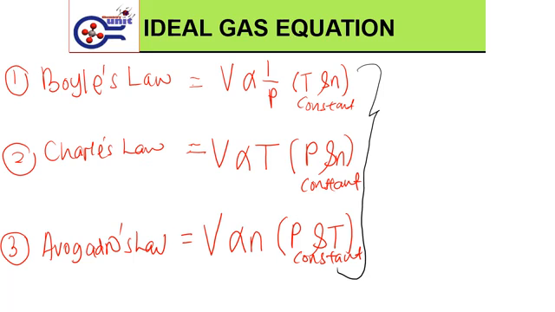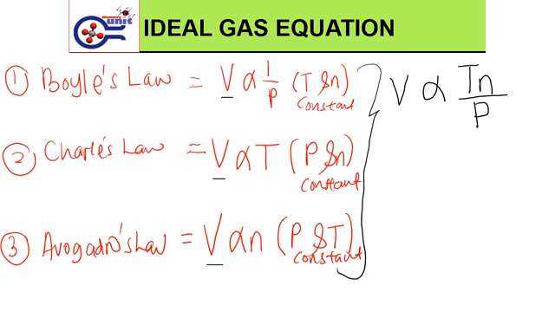Look carefully, they all involve the same quantity, V. So V is directly proportional to T based on Charles's law and directly proportional to n from Avogadro's law, but inversely proportional to the pressure based on Boyle's law. So we combine the three gas laws to get one ideal gas relationship: V is directly proportional to T and n and inversely proportional to P.